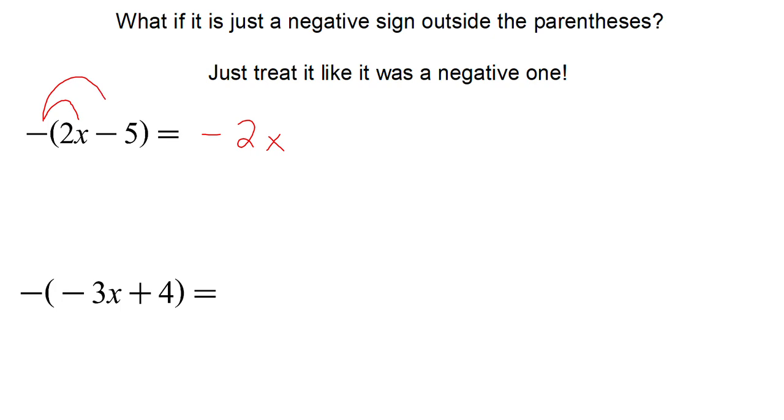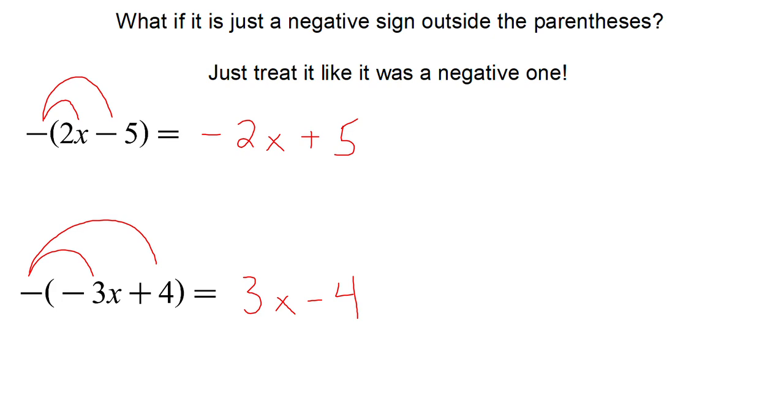And negative 1 times negative 5, since that's 2 negatives, that'll make it a positive, and 1 times 5 is 5. The same here. We've got negative (3x plus 4), so negative 3x. 2 negatives make a positive, so it would be positive 3x, and a minus 4, because it was a negative 1 times a positive 4. Okay? So it just flips the signs of everything that's inside the parentheses.